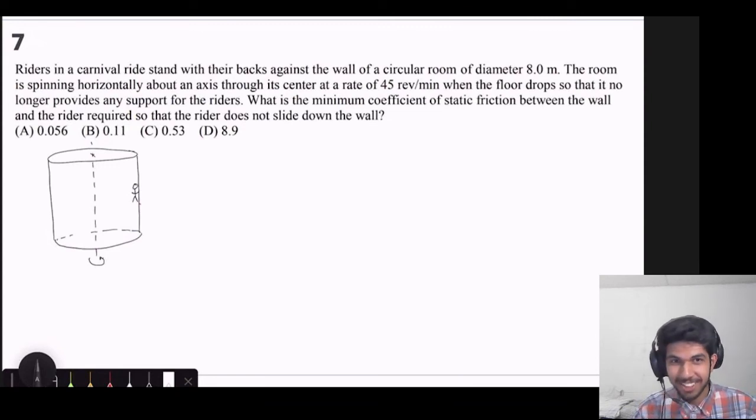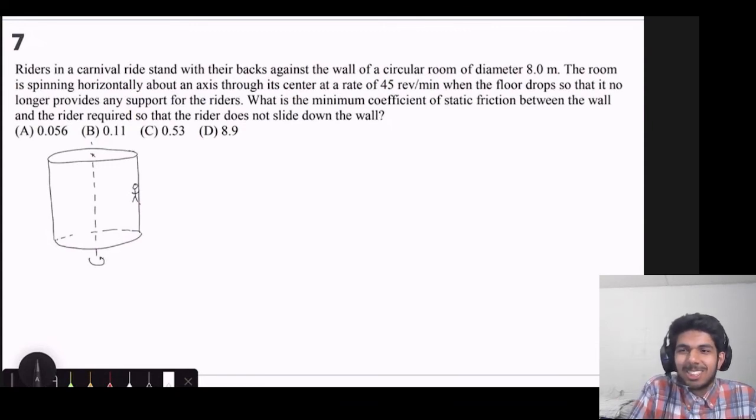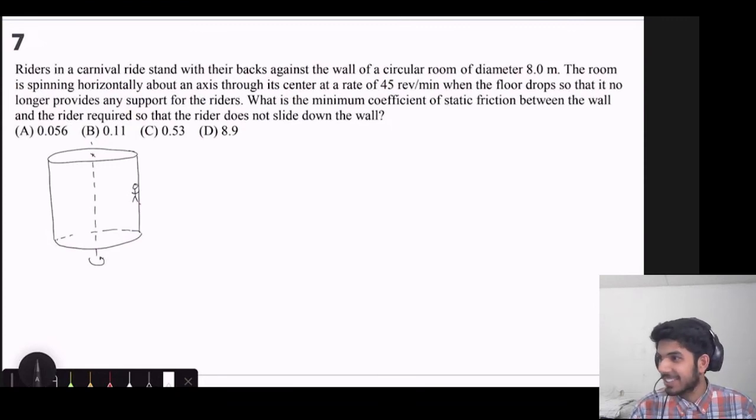It is not fun to be spinning around at a very high rate, and all of a sudden the ground below you disappears, or it drops below you, and you are stuck against a wall, and you have nothing to do except to trust physics and that you don't fall off. Absolutely terrifying. Okay. Maybe I'm exaggerating a little bit, making it quite hyperbolic. It was not fun. That's the point I'm trying to make. Though I highly encourage you to ride it if you get the chance, because it's a good lesson for physics.